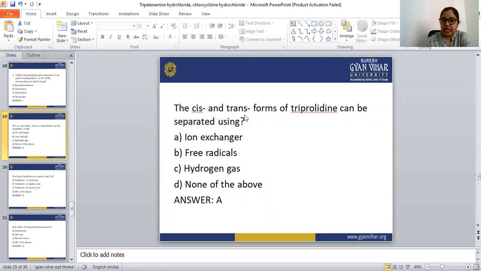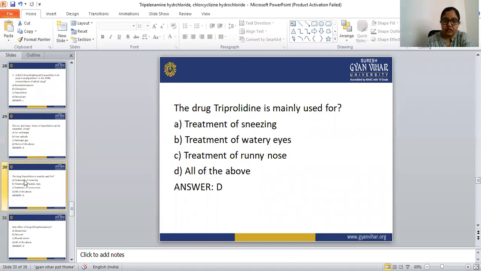So the answer is A. Next: the drug triprolidine is mainly used for treatment of sneezing, watery eyes, runny nose, or all of the above. The answer is all of the above.